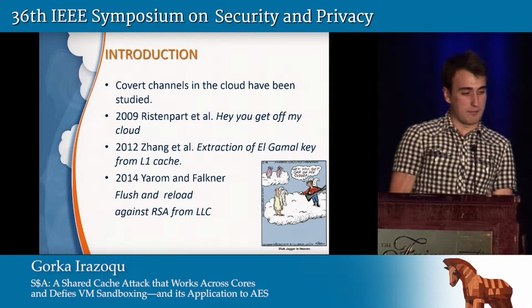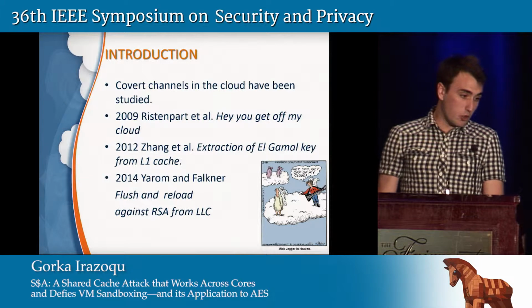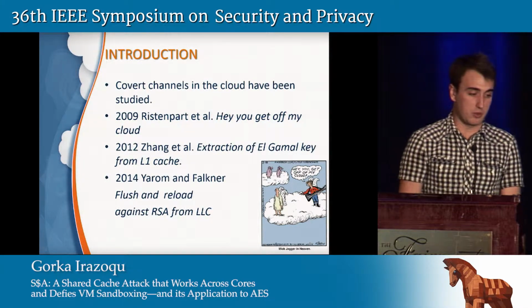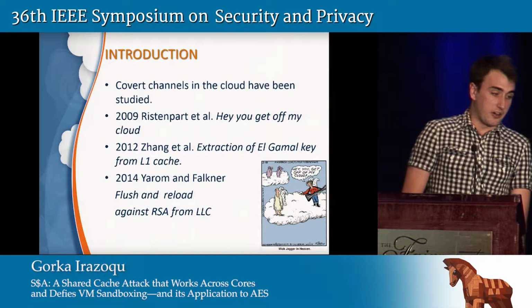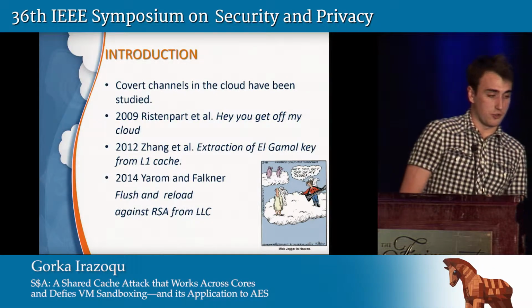So the Hey, You, Get Off My Cloud paper, where they were able to collocate a virtual machine with a potential victim in Amazon EC2, and even figure out the traffic thanks to cache monitoring.